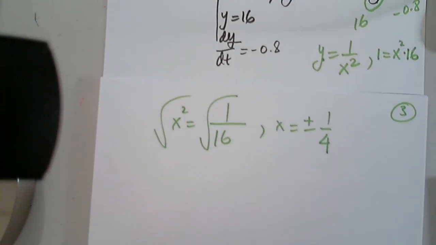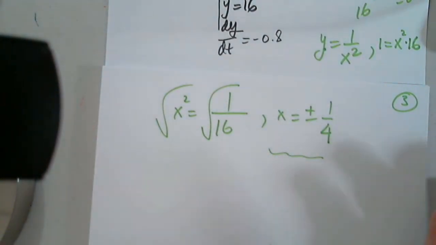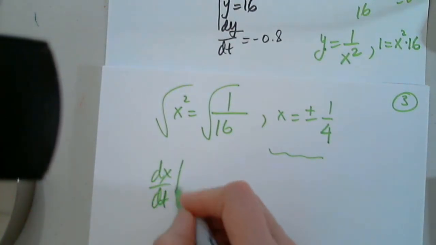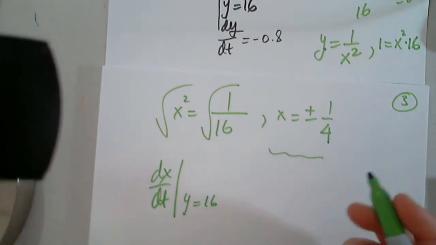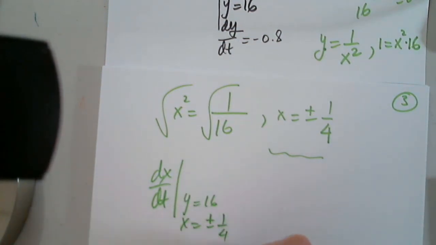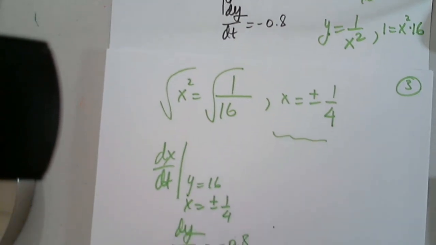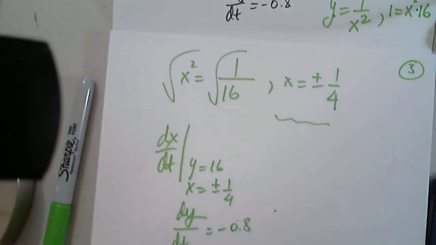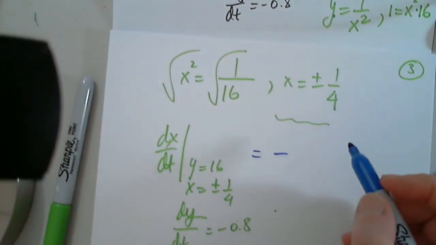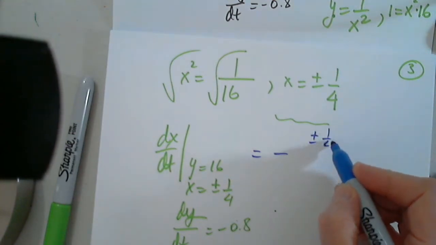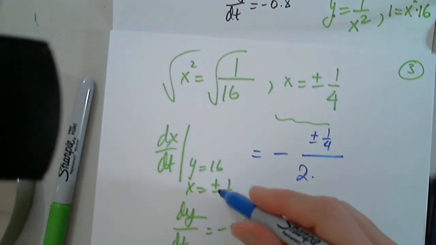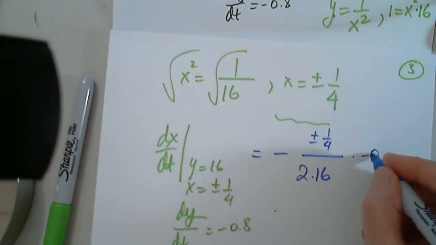Okay. So I don't know what they want. They want us positive, it doesn't say. They want positive 1/4, they want negative 1/4. No clue. So dx over dt, when y equals 16, x is plus or minus 1/4, and dy over dt equals negative 0.8, then this whole thing would be negative plus or minus 1/4 over 2 times y, which is 16, times negative 0.8.